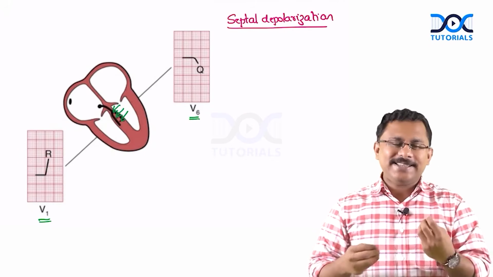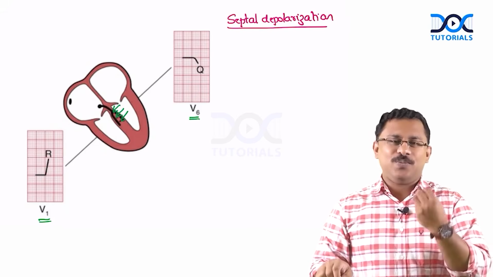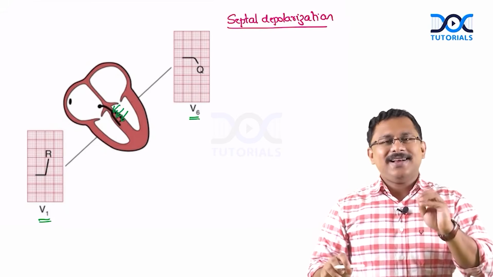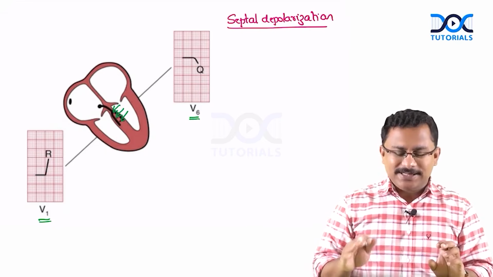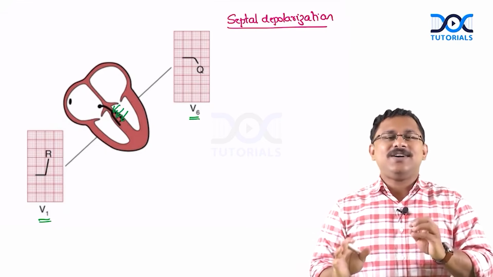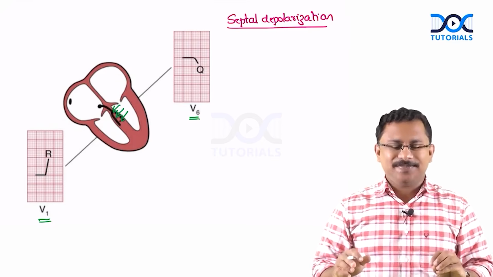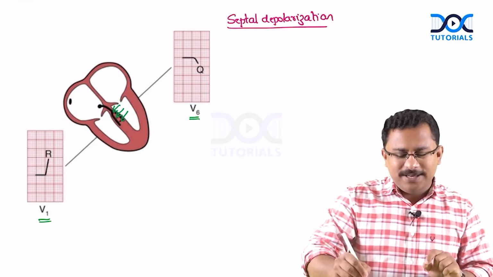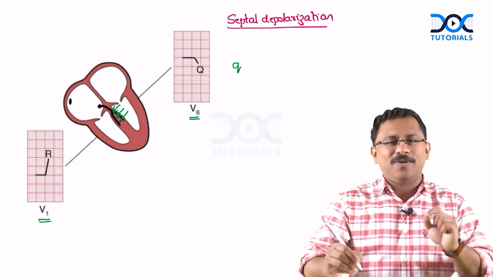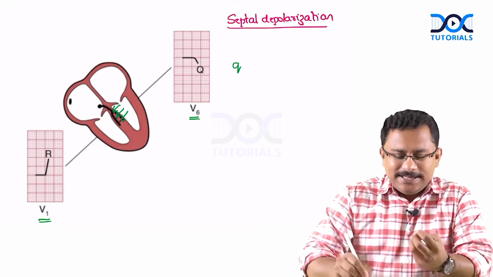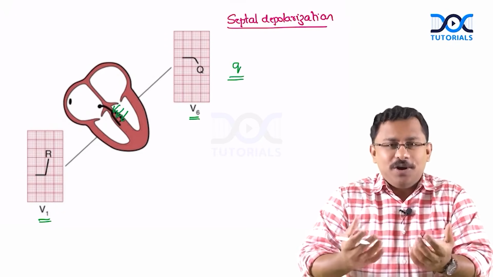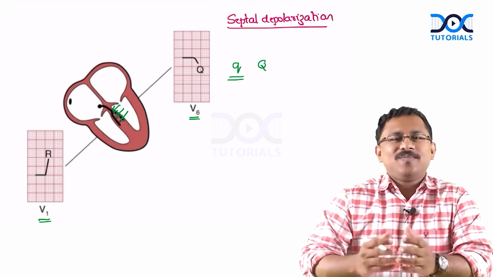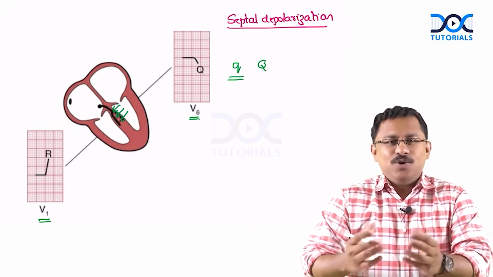And what is the first negative wave? It is going to be Q. So the Q wave that you are seeing in V6 occurs because of septal depolarization. This is again a small deflection, and many of the textbooks use the term small q for the normal septal depolarization, and they reserve the term large Q for the pathologic Q waves.